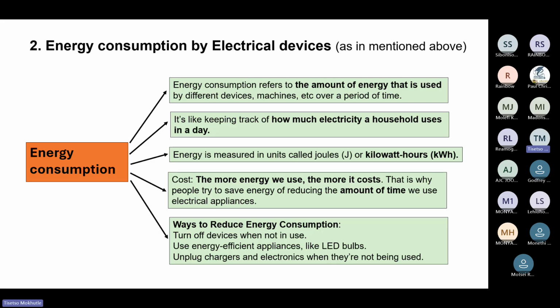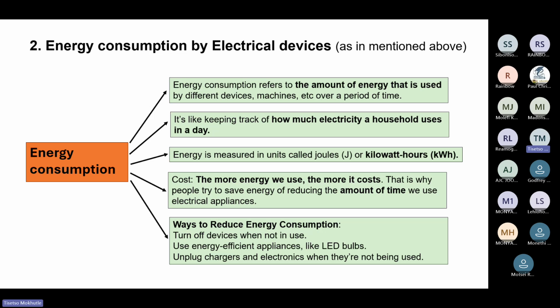Energy is measured in joules or kilowatt hours. The more we use energy, the more it costs. That is why people try to save energy by reducing the amount of time we use electrical appliances.